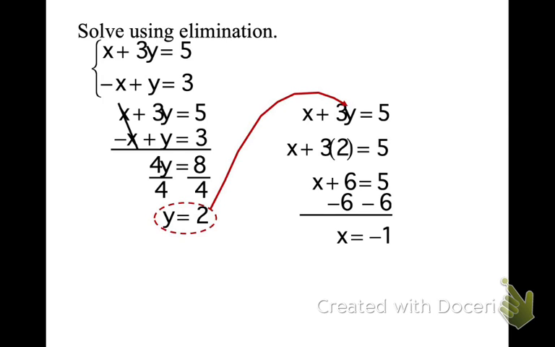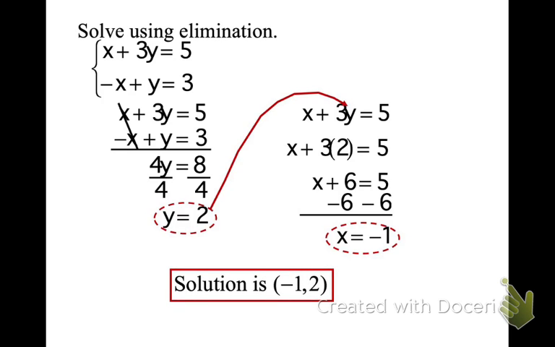So my ordered pair, now the big part to remember is that you place it accurately. Remember, this is our x and our y. So I have negative 1 comma 2. And we have to check it. Negative 1 comma 2. So if x is negative 1, I could have negative 1 plus 3 times 2 is 6, right?